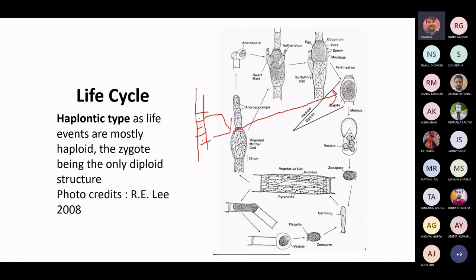So instead of taking the place of the dwarf male, they can take the direct route. So there are two ways of life cycle: the dwarf male life cycle and the normal macrandrous type life cycle.